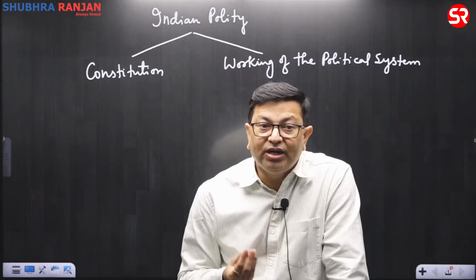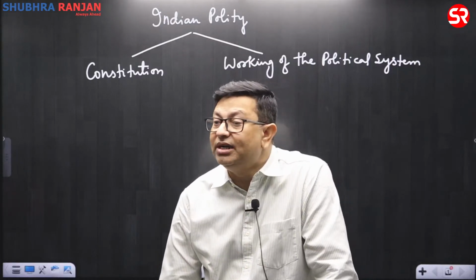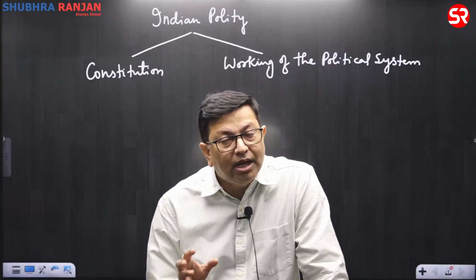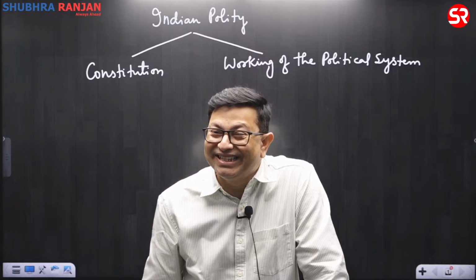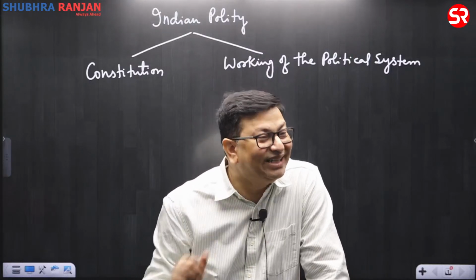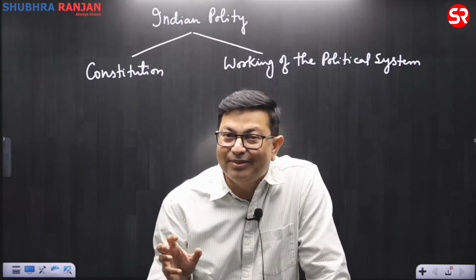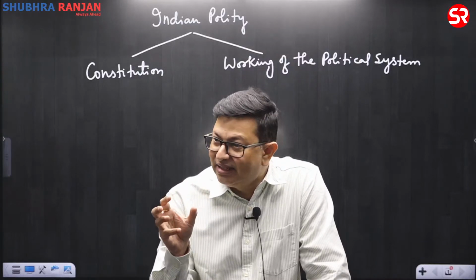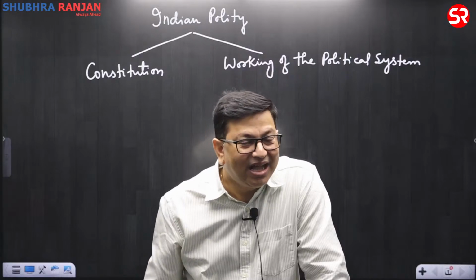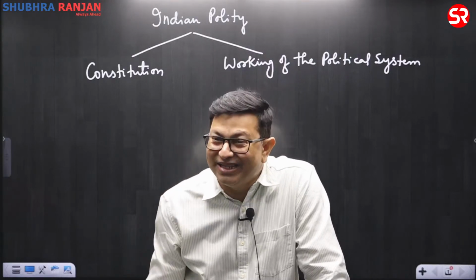Not only this, what we have also seen among students is that they are not even aware of how government formation takes place. For example, suppose we are having elections now in the states of Jharkhand and Maharashtra. How will the government formation take place?